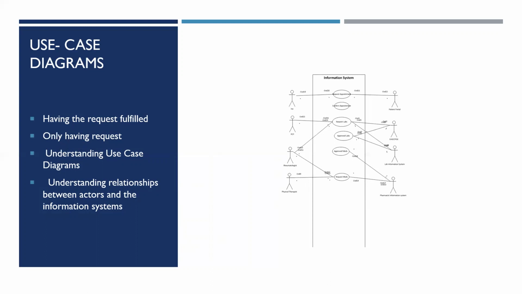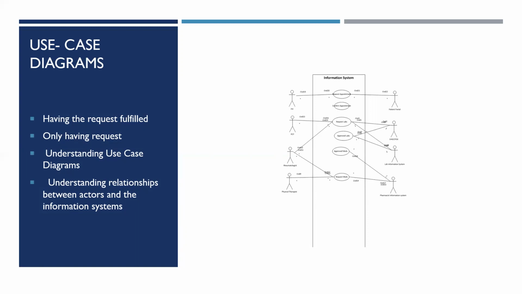So some challenges that arose during the creation of the use case diagram were having the request fulfilled. On my original use case, I didn't have any confirm appointment, approved medication, or approved labs. I only had requests, so that was wrong.